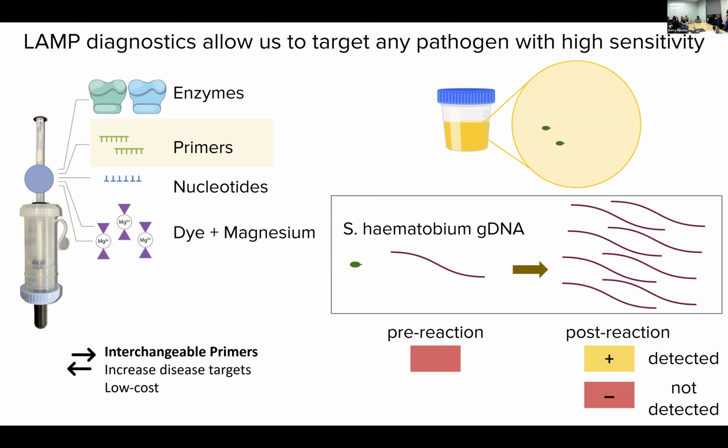Without the primers, the enzyme is not able to start its synthesis. It's not able to make copies of your DNA. So you give it an instruction of exactly what you want it to target. If it's not there, you're not going to have copies of DNA generated, and then you're not going to have the color change.